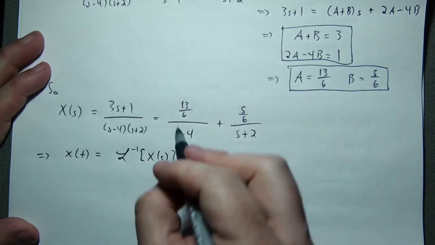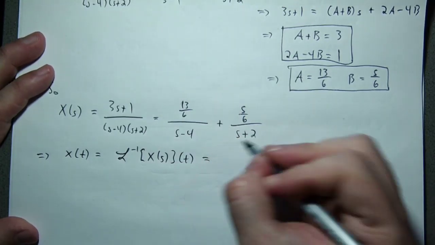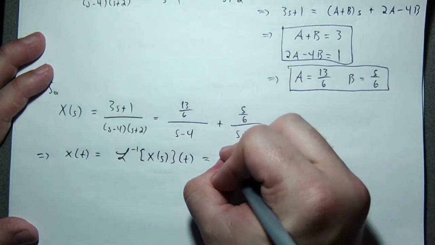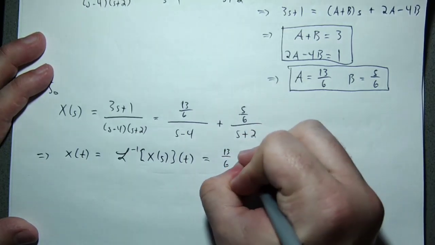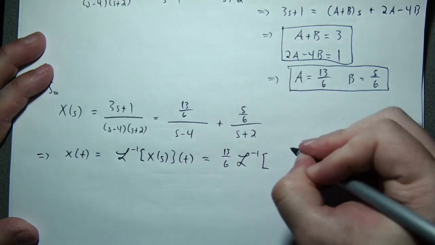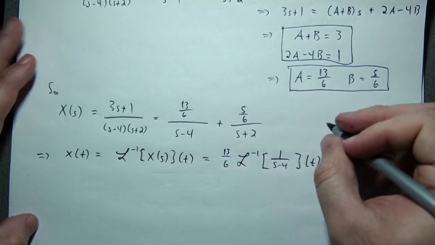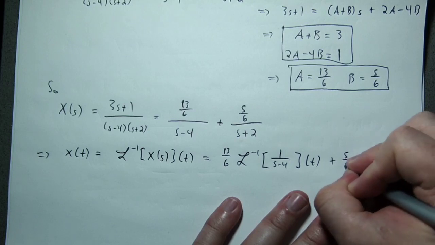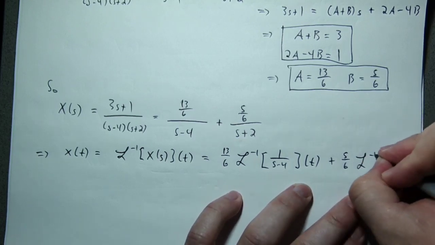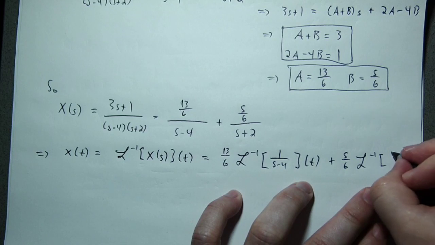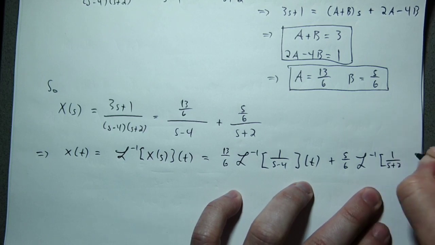I'm going to go ahead and do the linearity here. So this is 13/6 times the inverse Laplace transform of 1 over s minus 4, plus 5/6 times the inverse Laplace transform of 1 over s plus 2.